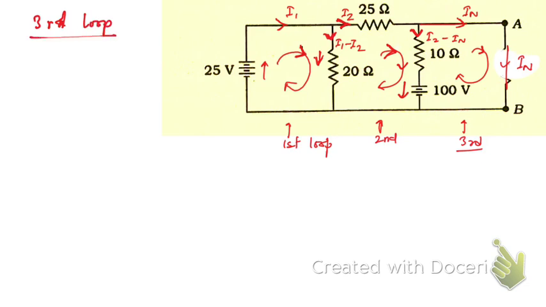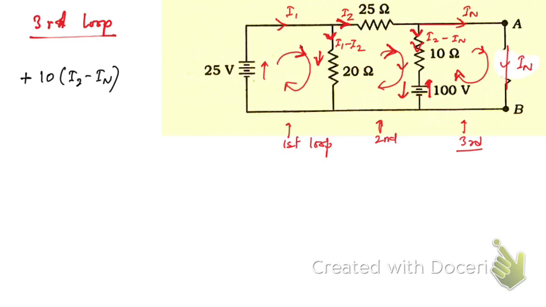Here you see, again consider this resistance, 10 into current I2 minus I1. Now you see the direction of the current through this resistance is opposite to the path we have taken, so it is going to be taken as positive. And here you see this path is from the shorter to the longer bar of this battery symbol.